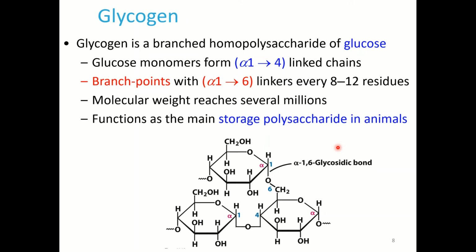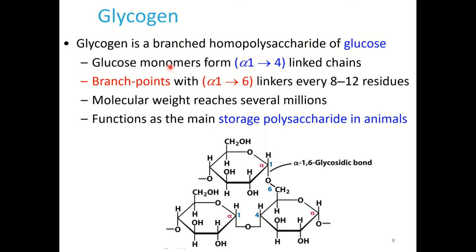Glycogen is what your body uses to store glucose molecules. So this is the storage polysaccharide in animals. And glycogen is a branched homopolysaccharide of glucose, so there's only glucose in glycogen.